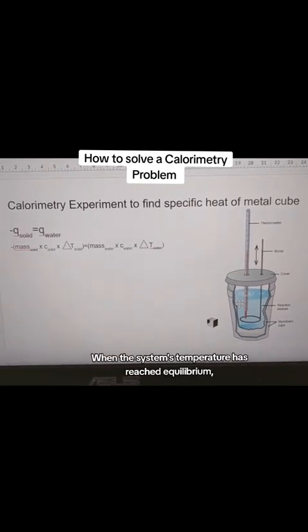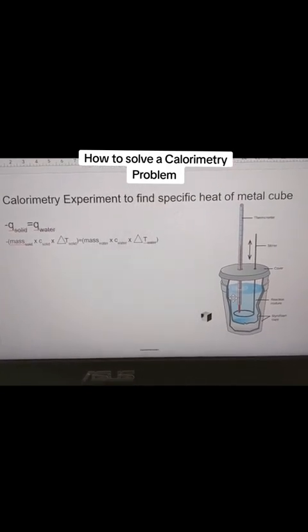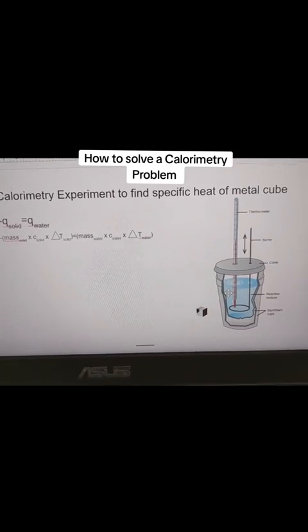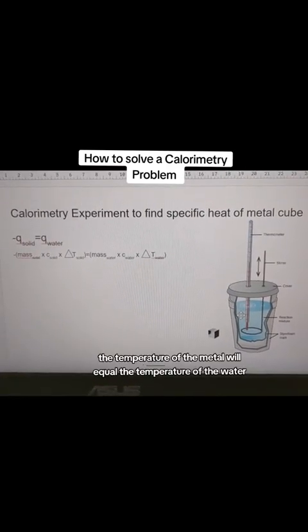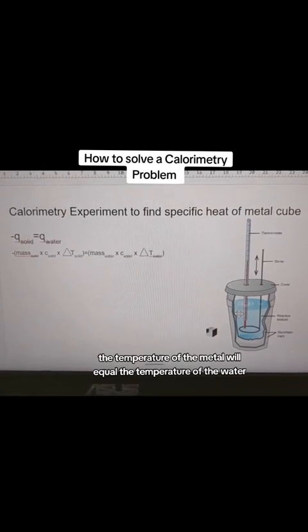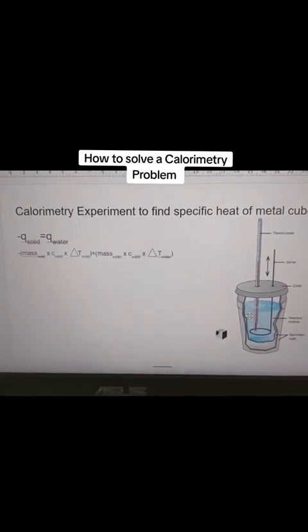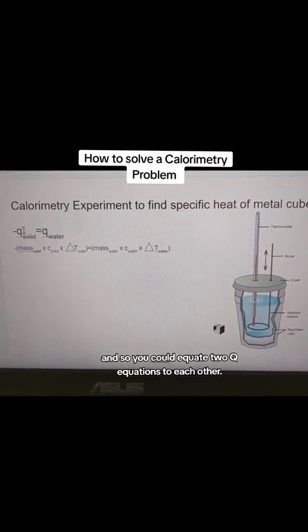When the system's temperature has reached equilibrium, the temperature of the metal will equal the temperature of the water. The heat transfer occurred between the metal and the water. The heat that was lost by the metal was gained by the water. And so you could equate two Q equations to each other.